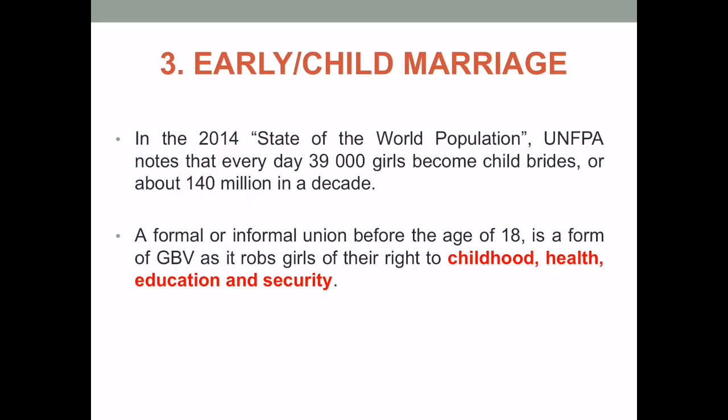Of course, early or child marriage. In 2014, the State of the World Population notes that every day 39,000 girls become child brides, or about 140 million in a decade.